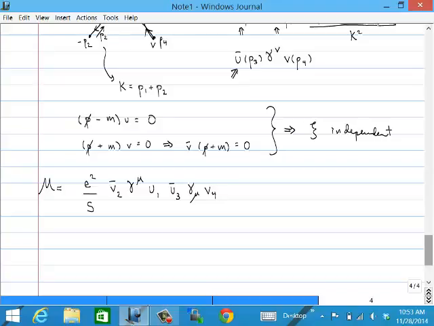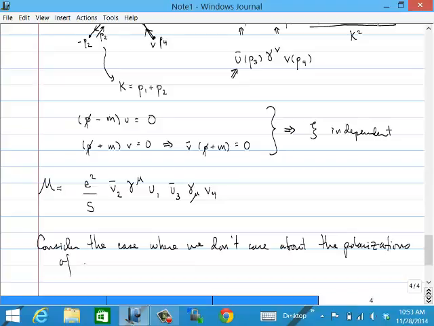So instead, what I would like to do is let's just consider the case where we don't actually care about the polarizations of the various spinors.